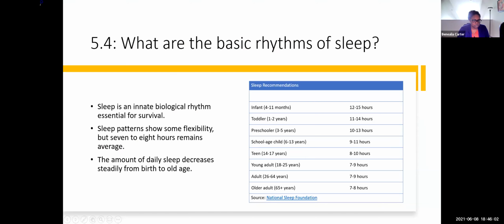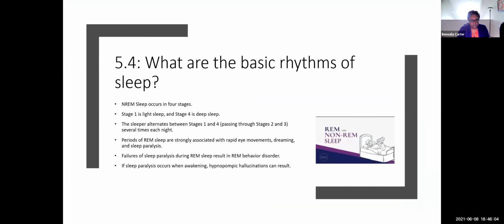So, what are the basic rhythms of sleep? I just want to be mindful because there is a topic, well, there's actually a couple, that no kid should hear.